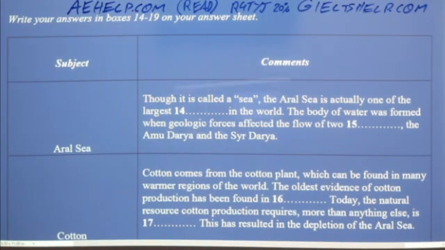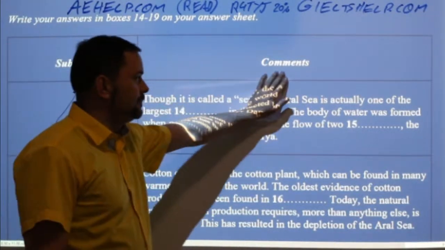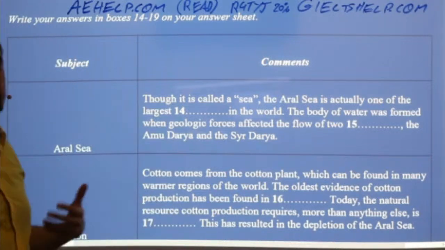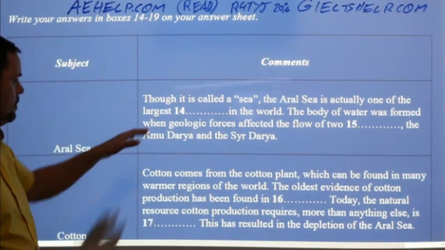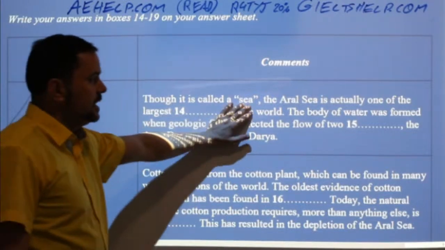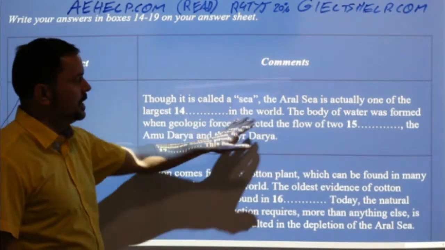So this is kind of a fill in the blank, and you have the subject, which means the topic, and the comments. Okay, this would be good to skim read nice and fast. So just read with me. Though it is called a sea, the RLC is actually one of the largest something in the world.